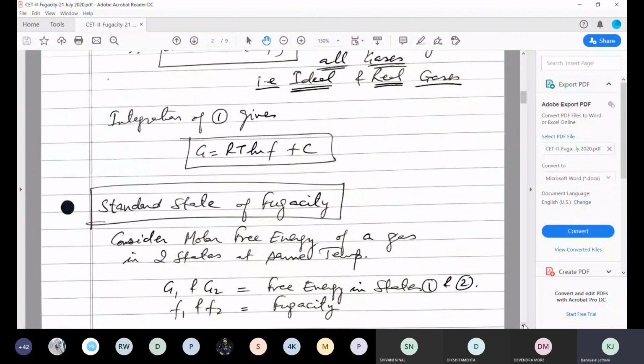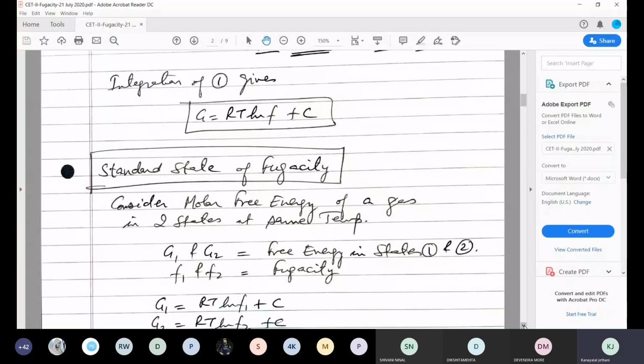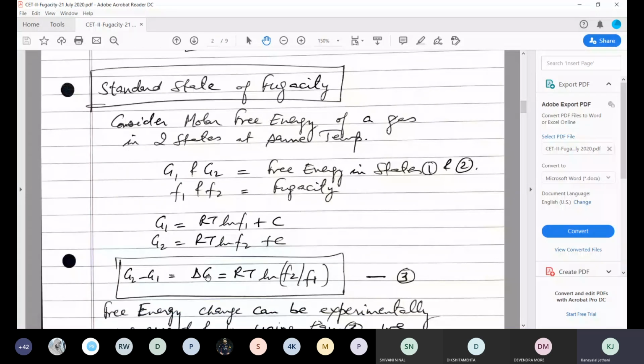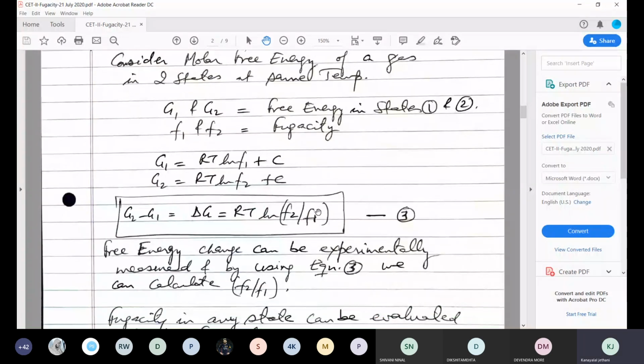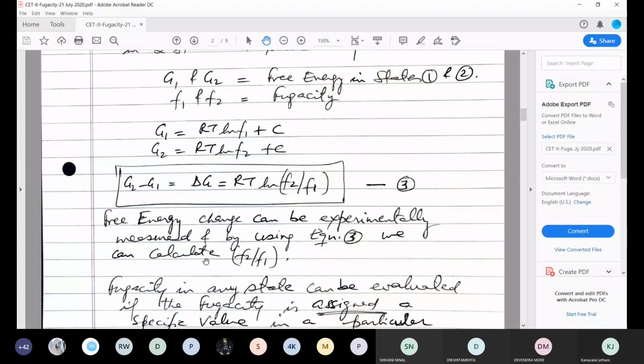So now, if you want to find out change in Gibbs free energy from state 1 to state 2, which is related to fugacity 1 and fugacity 2, what we'll get is G2 - G1 = delta G, or change in Gibbs free energy, is equal to RT ln(F2/F1), right? So if you know how to define F1, fugacity in one state, you can find fugacity in second state, because we can measure free energy change going from state 1 to state 2.